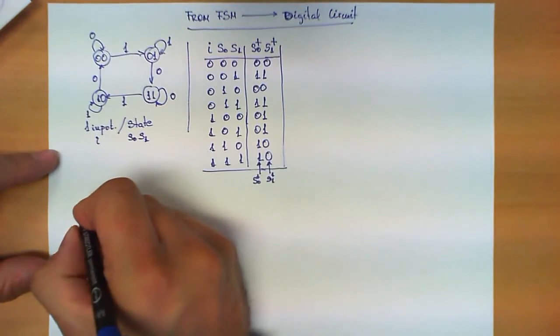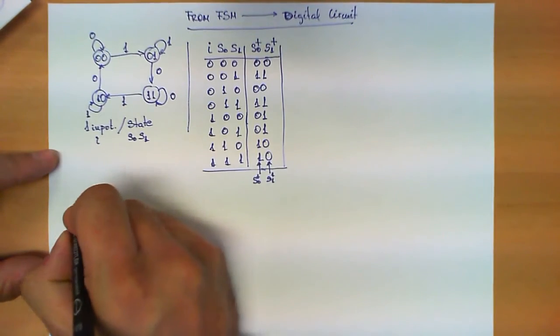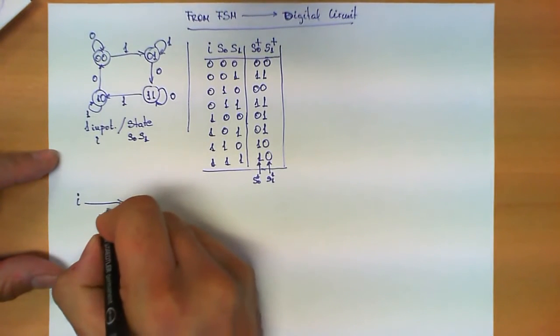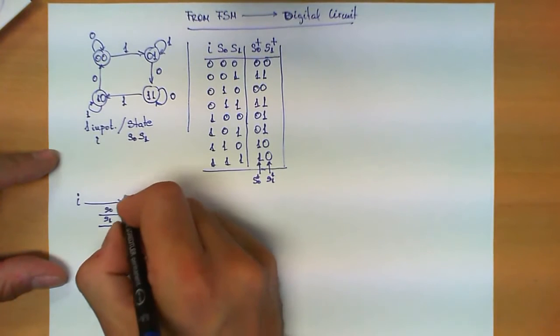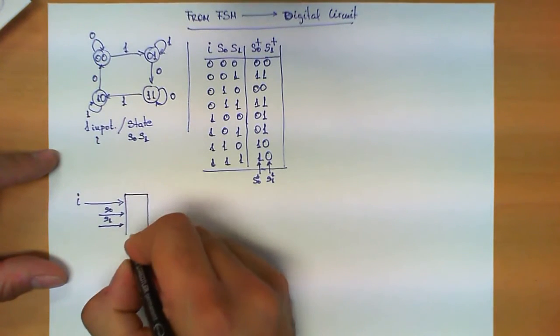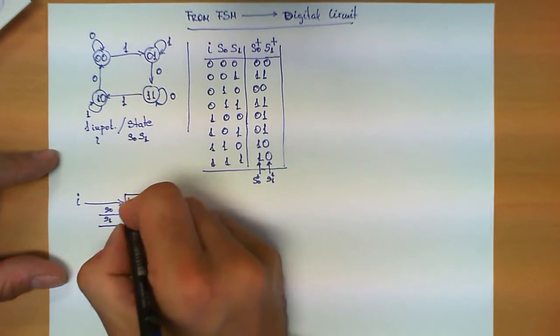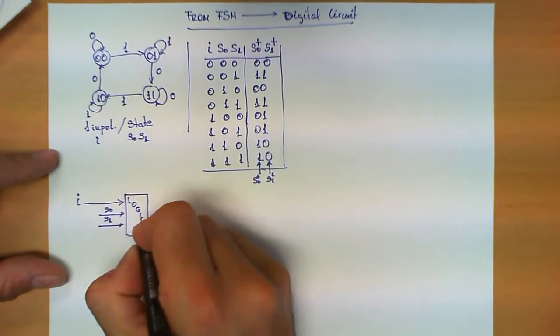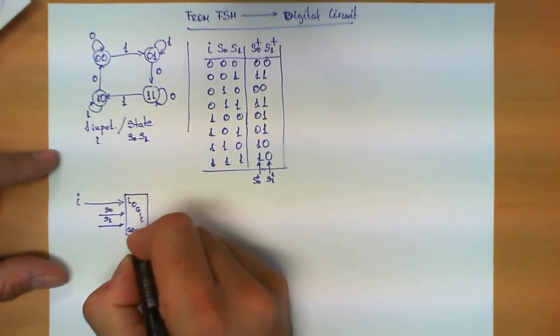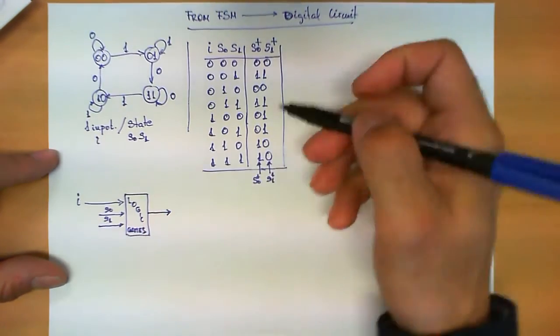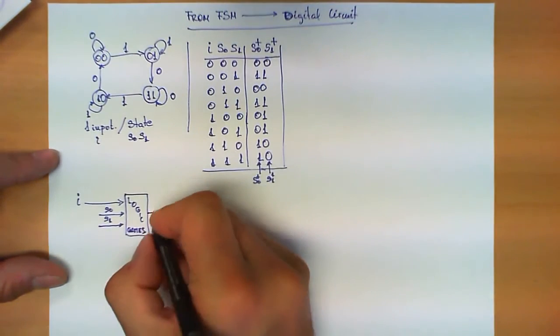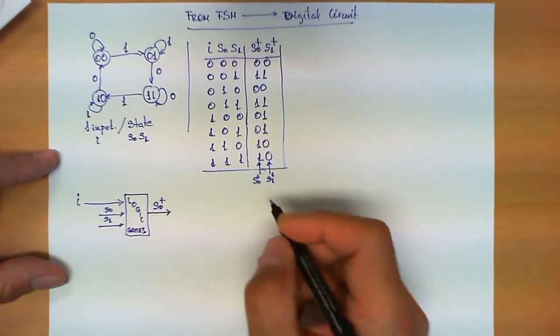In other words, taking the input I and S0 and S1, we build a set of logic gates that produce as output precisely this column of the truth table, S0+.